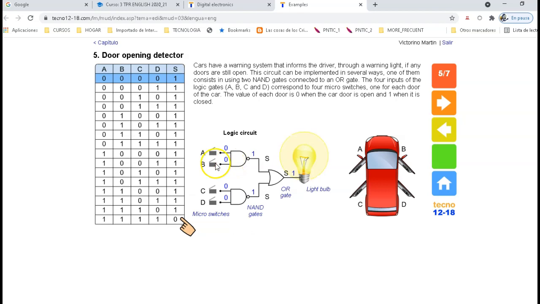So having one state here, if this were an AND gate, I would have one in the output. But since I have the contrary, because this ball is representing, remember that this is a NAND gate, and this one is a NOR gate.